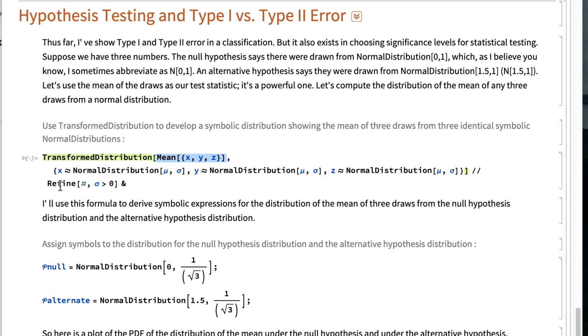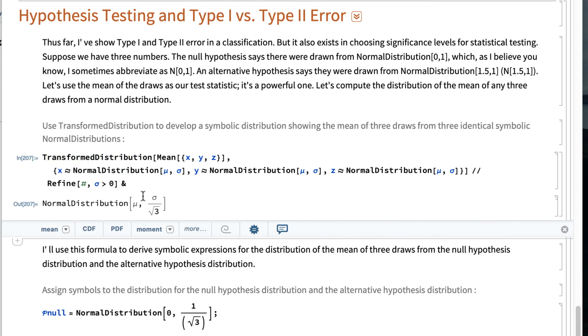And I'll just make sure the computer understands that the standard deviation has to be greater than 0. So if I do that, as it turns out, that is also a normal distribution with the same mean and a standard deviation equal to the standard deviation of the underlying distributions divided by the square root of 3.